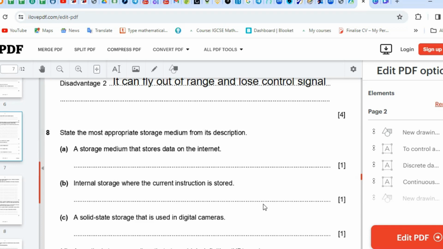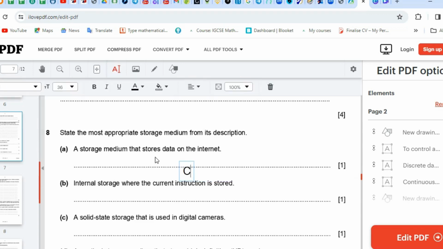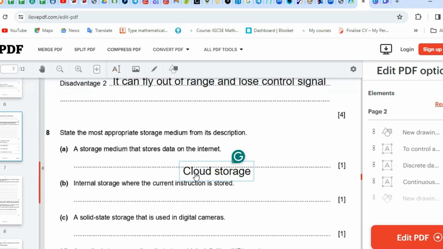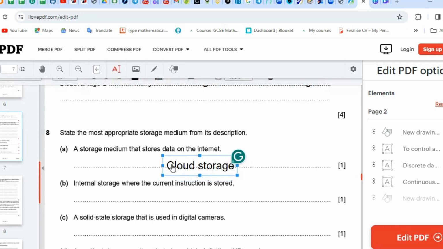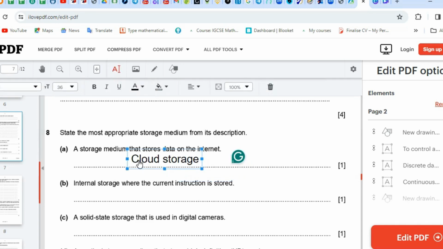We call that what? Yes, that's correct. It's called cloud storage. That's the answer. So when you store something on the internet, we call it storing on cloud.